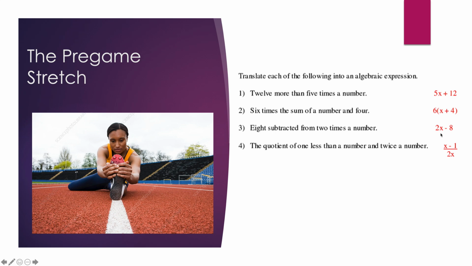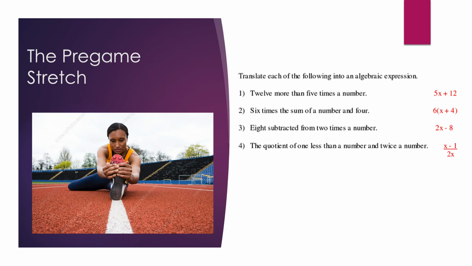And last, the quotient of one less than a number and twice a number. Quotient means to divide. So we have the division going on here, okay? And then the other thing is, it says the quotient of what? Well, one less than a number, first shall be last, last shall be first. That more than, less than, they catch attention.